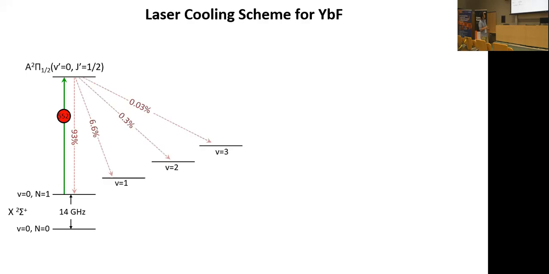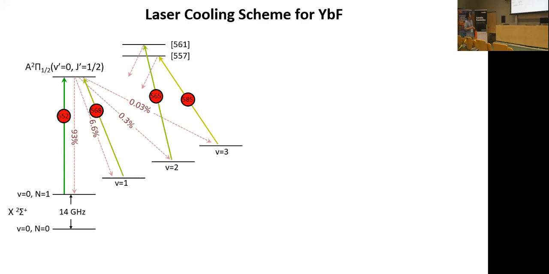It can also decay to the higher-lying vibrational levels with these branching ratios. So we repump these states by driving these transitions with lasers at 568, 565, and 585 nanometers using some different excited states, but I don't have time to go into the details.